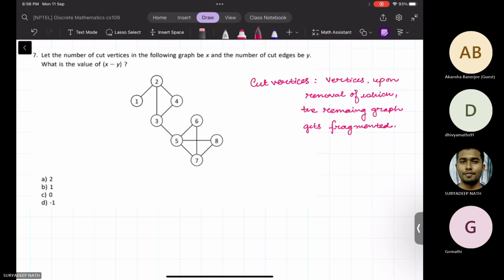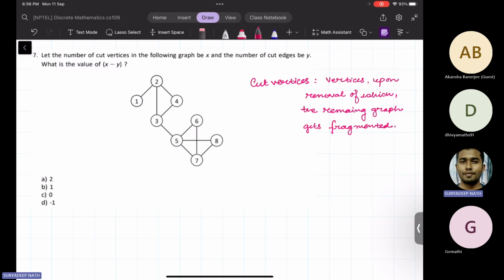It's a similar concept to the cut edge concept. In the cut edge you remove the edge and check whether the graph became fragmented or not. In vertices you remove the vertex and all its connected edges and check whether the remaining graph is fragmented or not. So I'll start one by one.